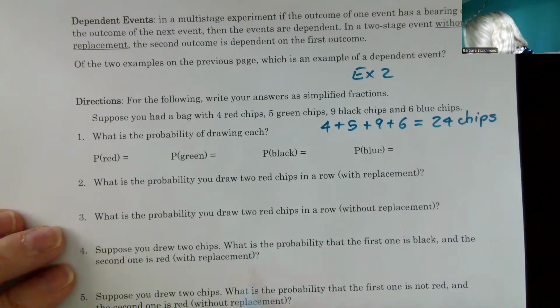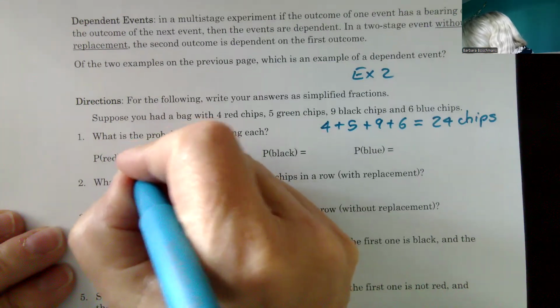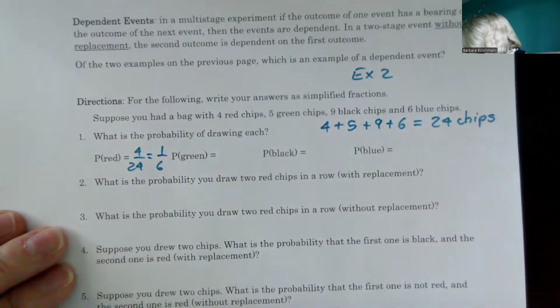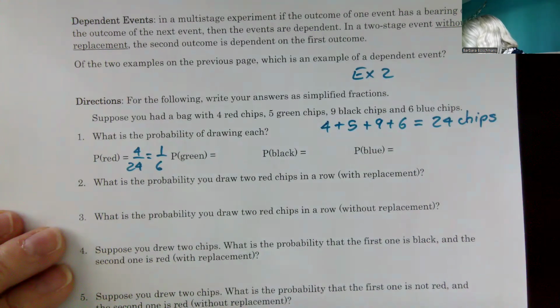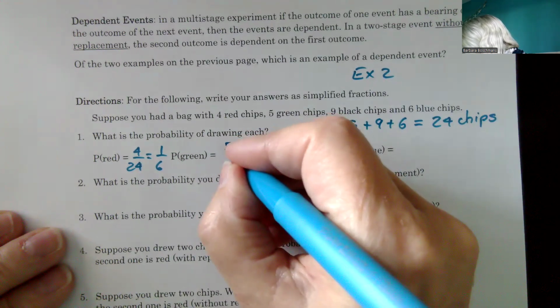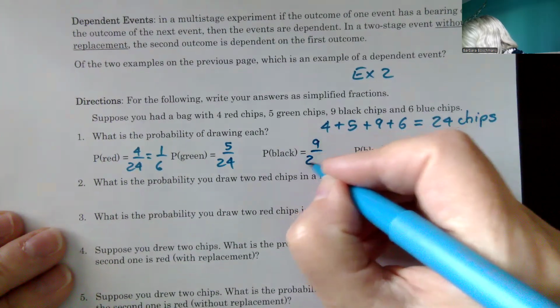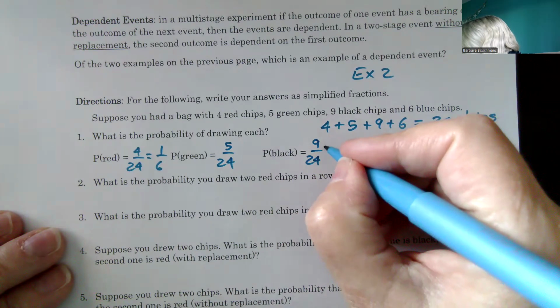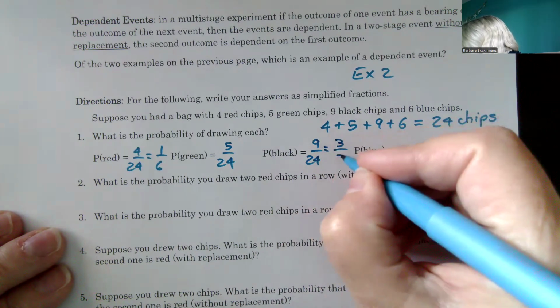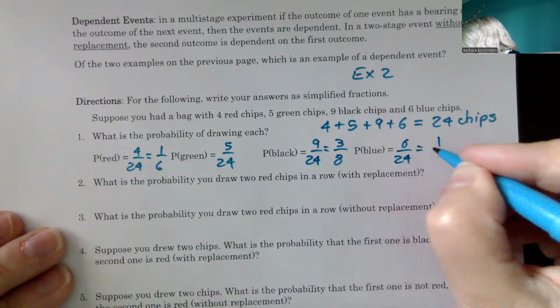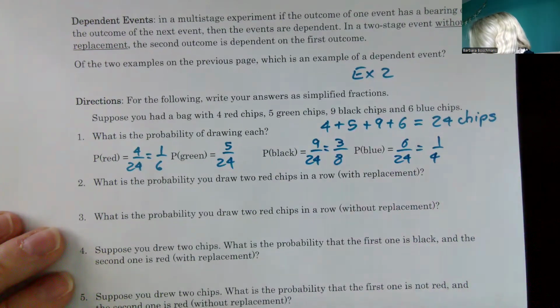The probability of red is 4 out of 24, which would be 1 out of 6. Green would be 5 out of 24. Black would be 9 out of 24, divide that by 3, which is 3 out of 8. And blue would be 6 out of 24, which is 1/4.